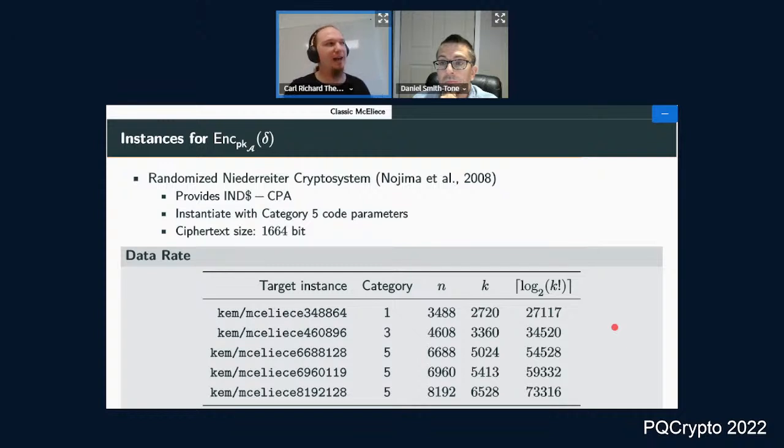This is kind of similar to the known answer tests that are commonly done, because there you also have a completely deterministic function, and you just provide some known good values as inputs and outputs, and use that to verify your implementation.